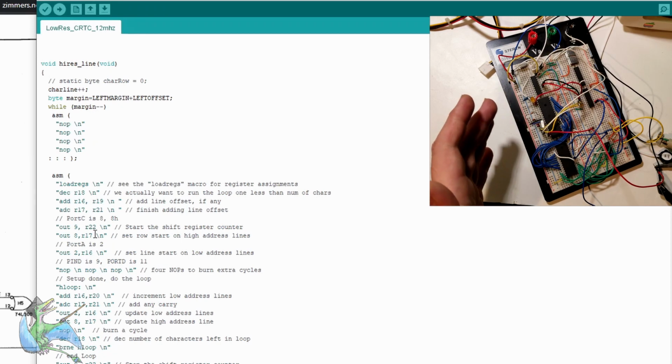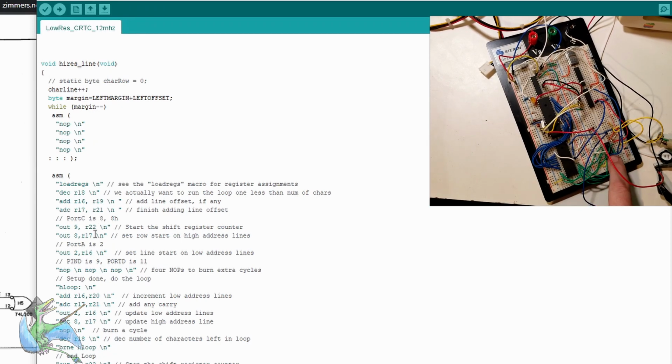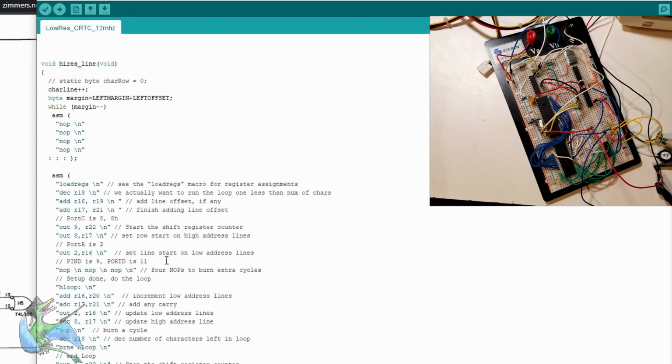And then a load signal is generated for the shift register, so it latches that in the shift register, and then the shift register is clocked to the pixel clock and spits out the lines. So if you look at the loop, this is the highest-res line, which only gives it 8 clocks per cycle.